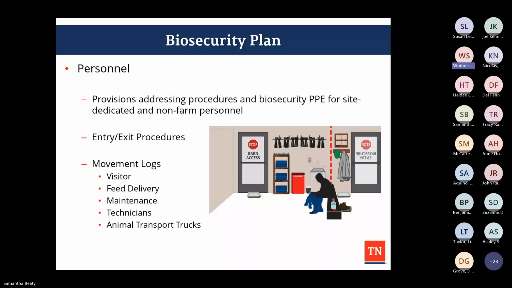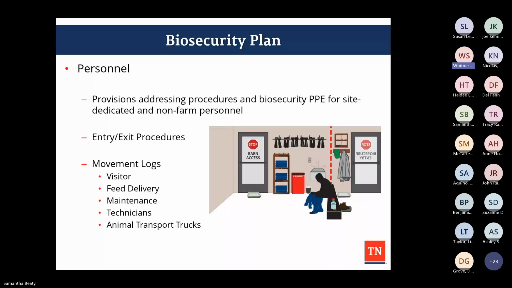And then movement logs are really important to keep track of who's coming on and off of a site. There are templates for these as well on that website to help keep track of visitors. Feed delivery is really important because we know there are trucks coming on and off of farms all the time.